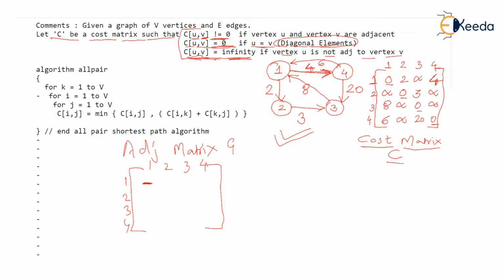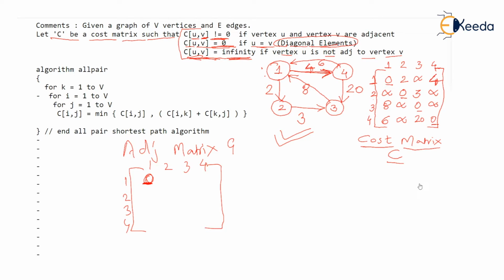First row, first column, it will be 0, because vertex 1 is not having an edge to vertex 1. 1 is not adjacent to 1. I hope you remember what do you mean by adjacent. U is adjacent to V if U is having an edge towards V, but there is no edge from 1 to 1. So 1 1 entry will be 0 in the adjacency matrix.